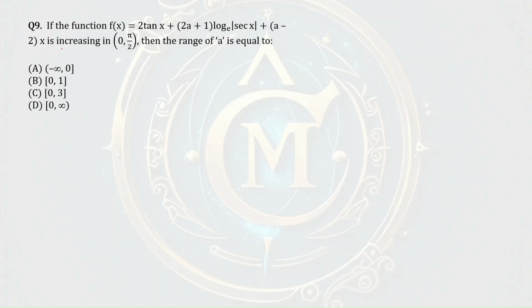The next question says that if the function f of x is this and this is increasing in open 0 to pi by 2, then the range of a is asked. So here f of x is this, so we directly differentiate this function to get its derivative. This will be 2 times secant square x plus 2a plus 1 tan x plus a minus 2.